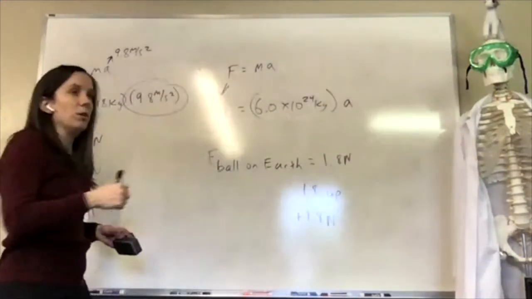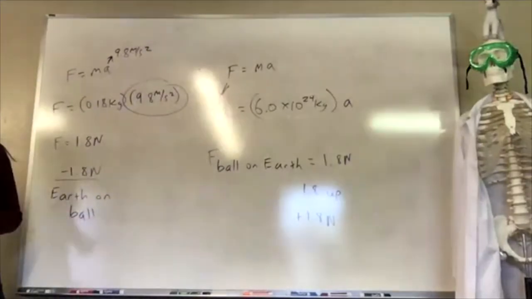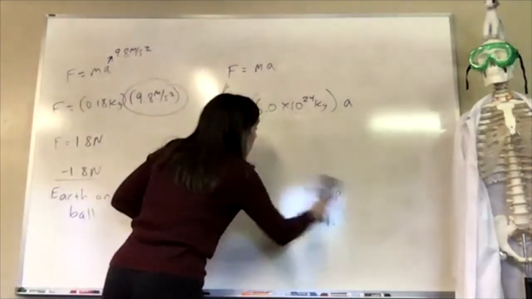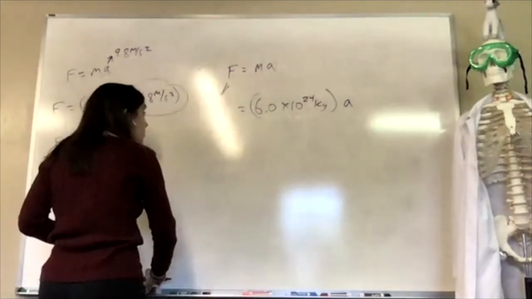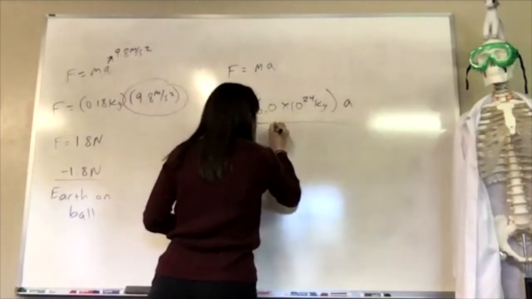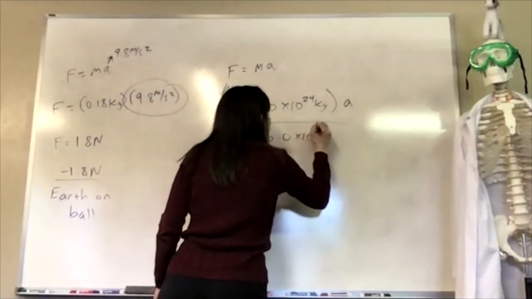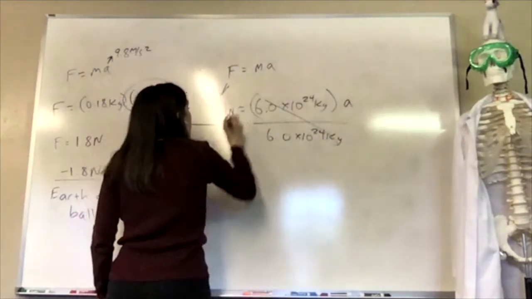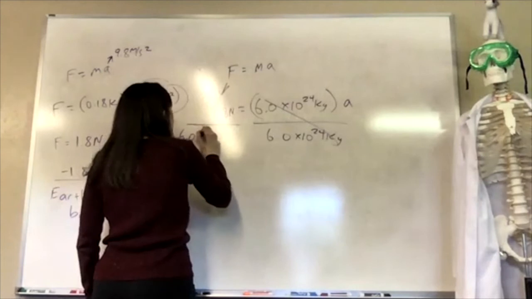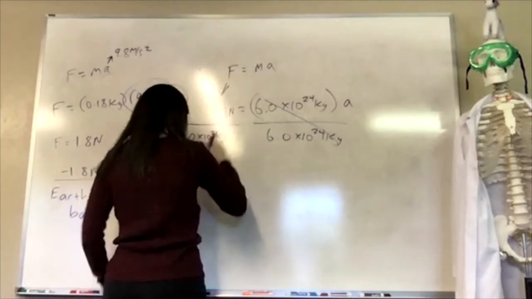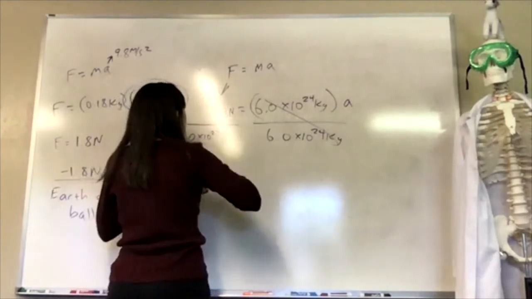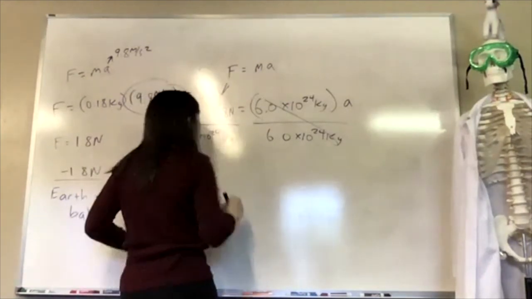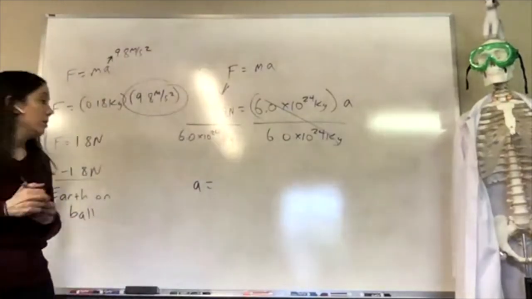And we can solve for the acceleration that the Earth experiences when the ball is above it. So divide both sides by the mass.